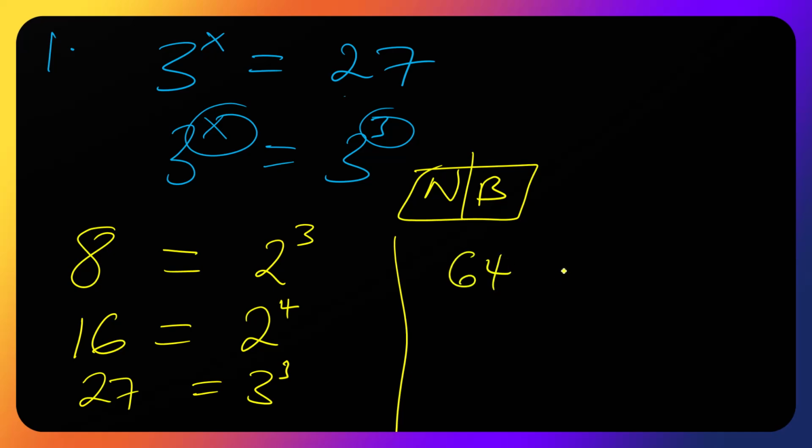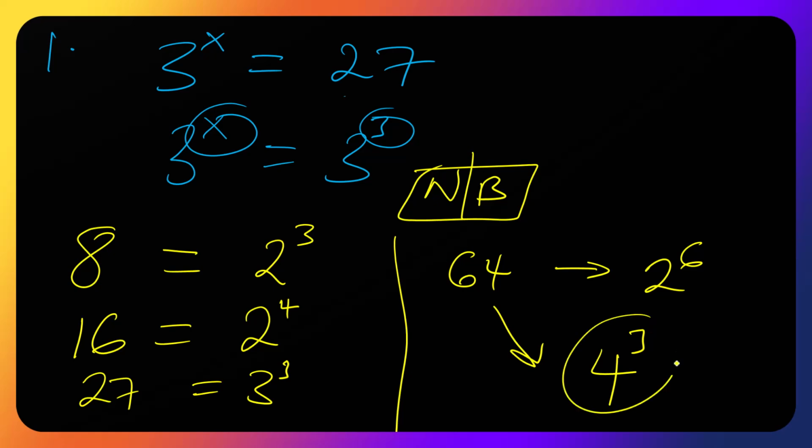And 64, if we are to use 2, we can say 2 to the power of 6. Now, let's check 3 to the power of 4. What is 3 to the power of 4? Let's make it 4 to the power of 3. On the calculator, this is the same as 4 to the power of 3 and the same as 2 to the power of 6.